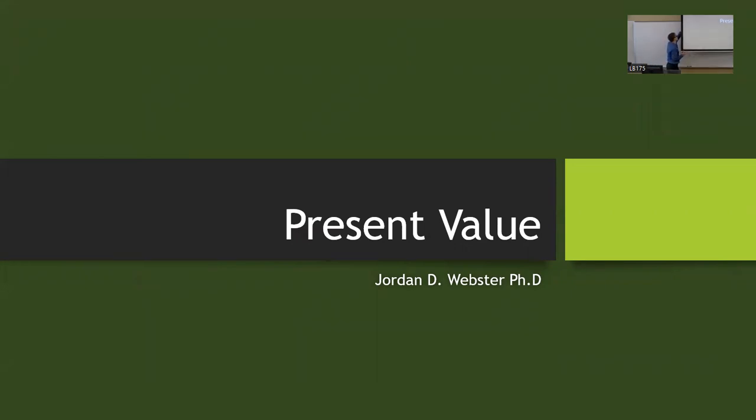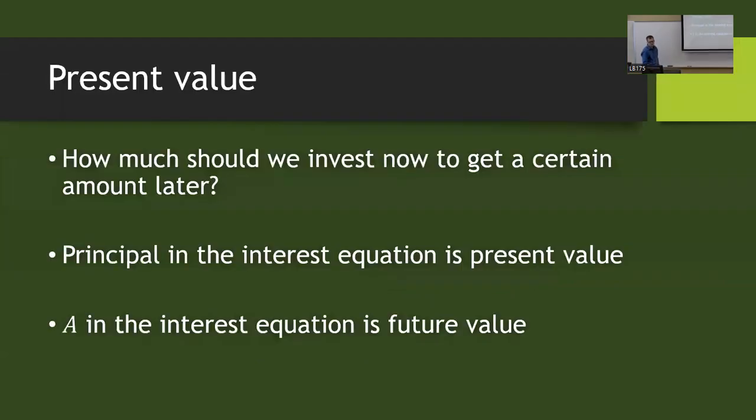So now what we're going to do is look at a section called present value. Present value kind of flips the question that we've been doing so far. So far we've said, I'm going to put in 2,000 now, how much will I have in 10 years?